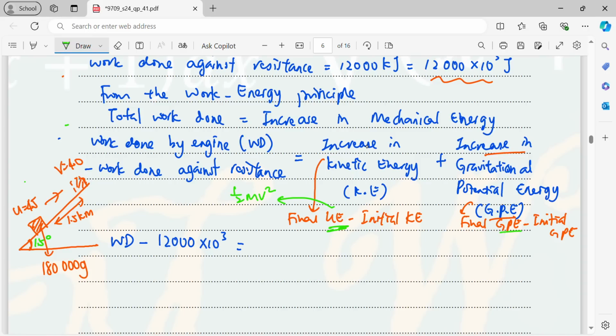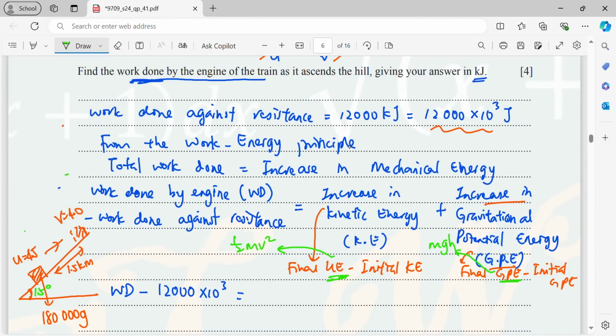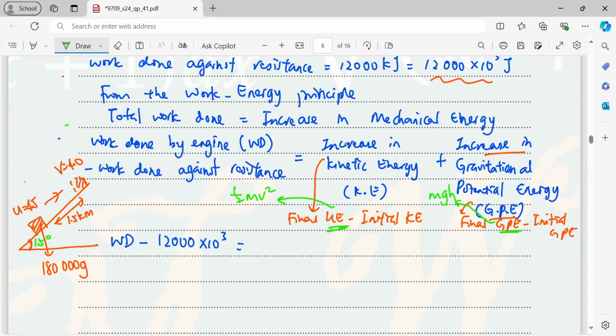Now the kinetic energy formula is half mv squared, and for the gravitational potential energy formula, that is mgh. So from here, my increase in kinetic energy is basically half m, my m is 180,000.